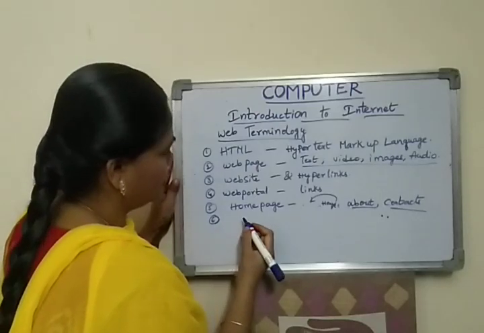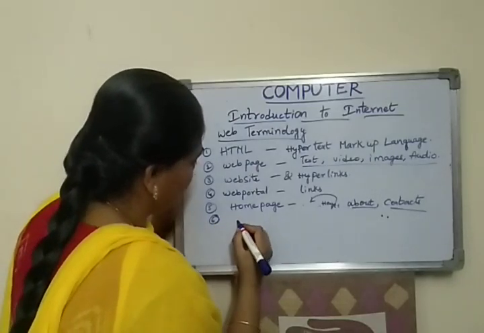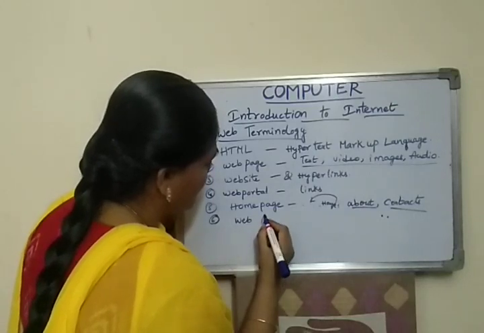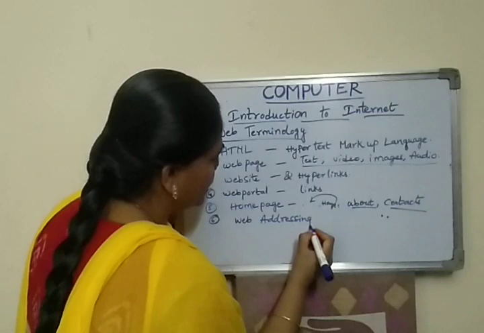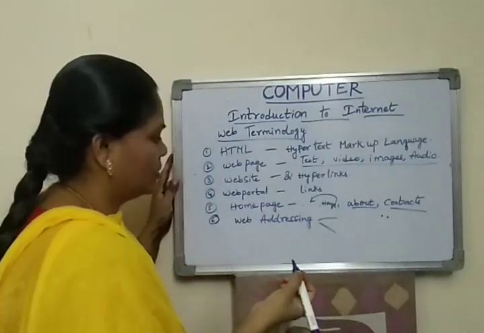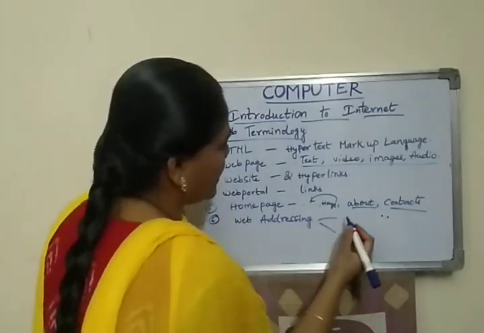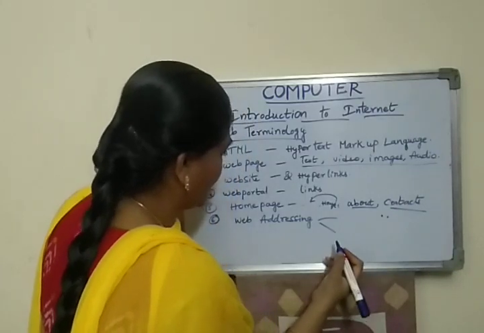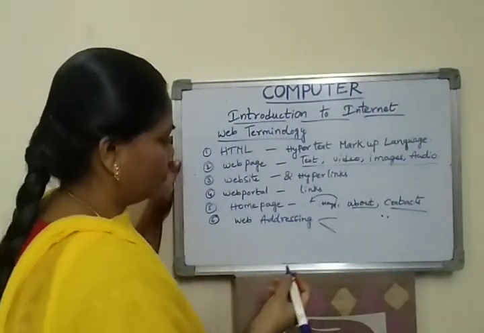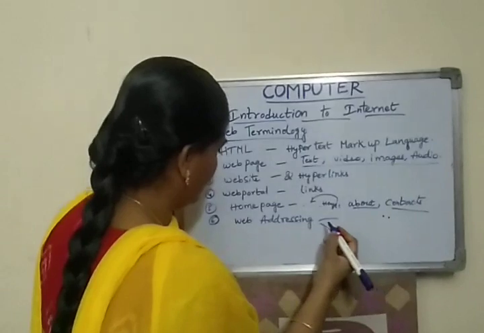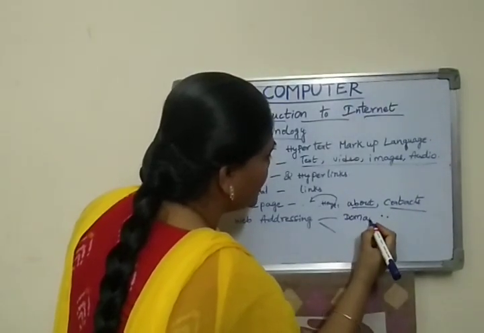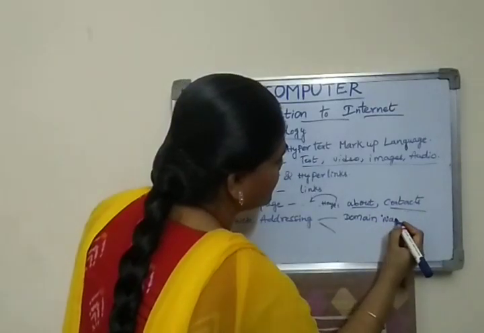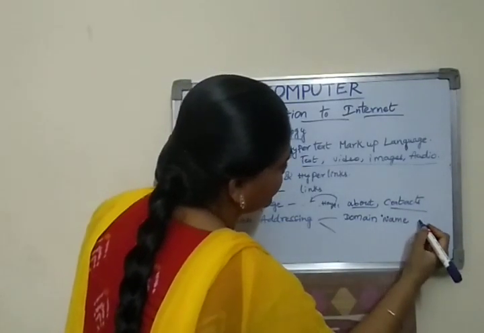So next one, web addressing. In this web addressing, we have two types. Using characters, and using numbers. First one, domain name service, using characters.